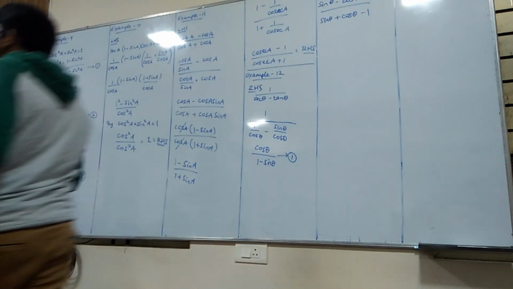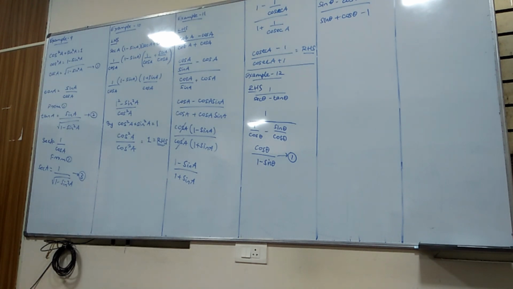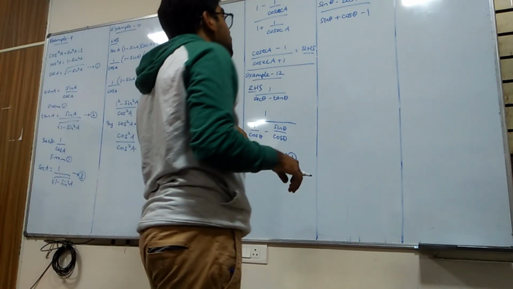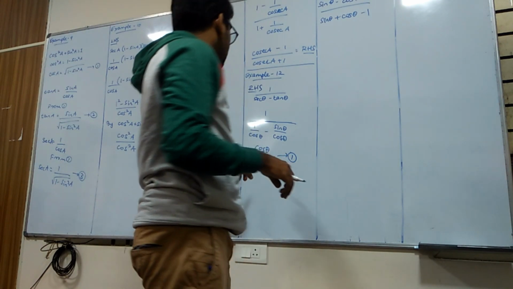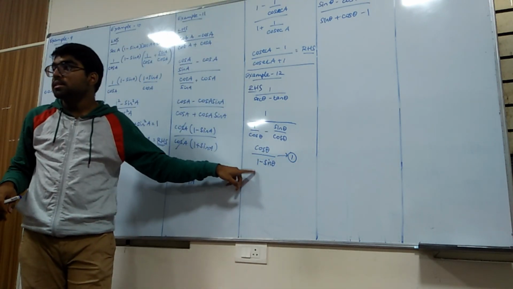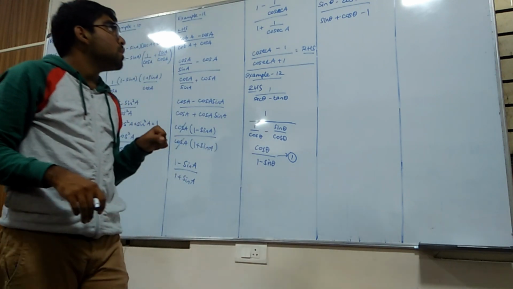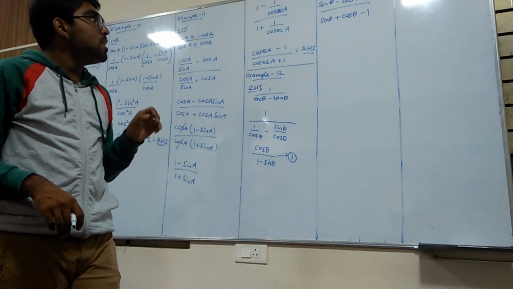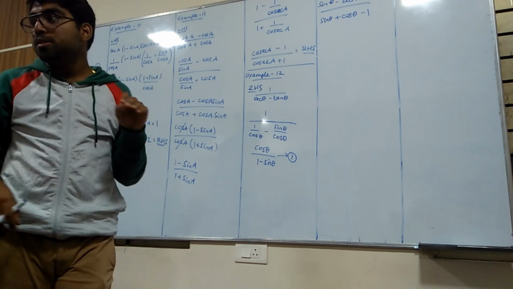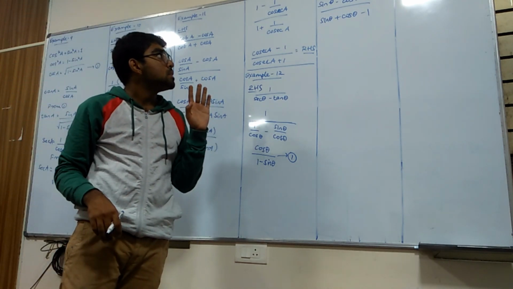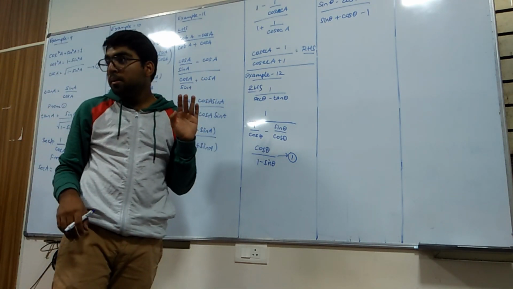Okay, so in my denominator it is in the form of 1 minus sin theta. So what I will do is, here it is in the form of 1 minus sin theta in the denominator, so I will divide the entire equation by cos, no need for cos, by sine.